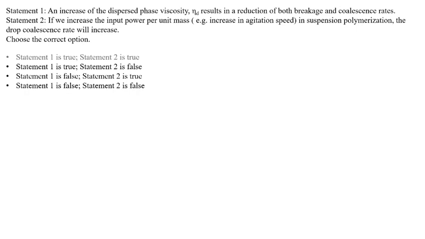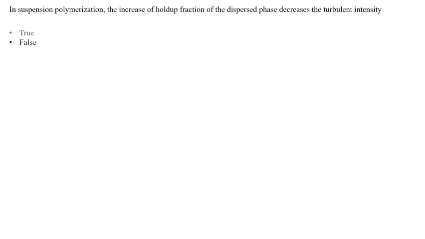The drop coalescence rate will definitely increase because the collisions between the different drops will be higher since the impeller speed has been increased. So statement one is true and statement two is also true.